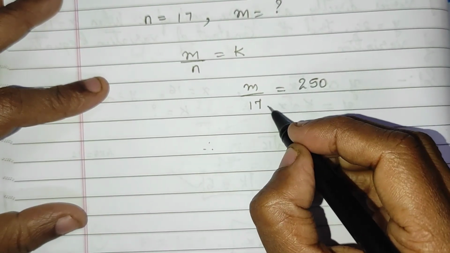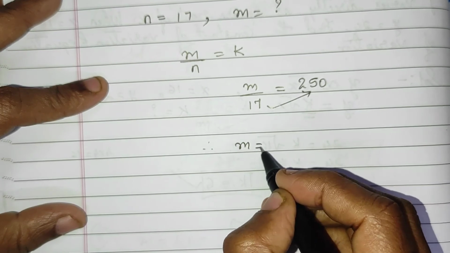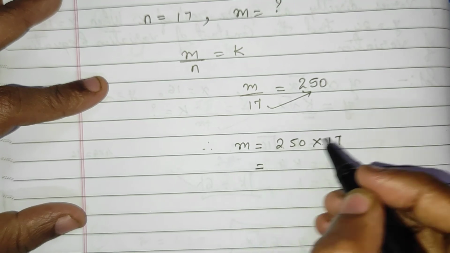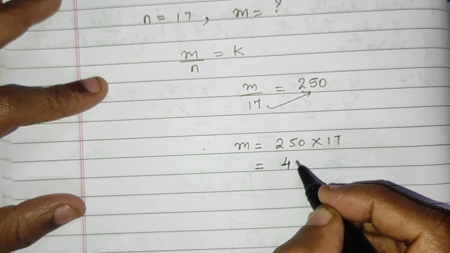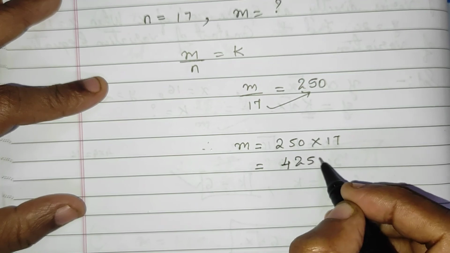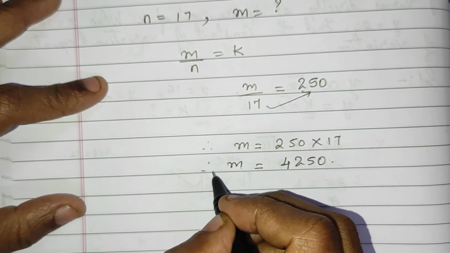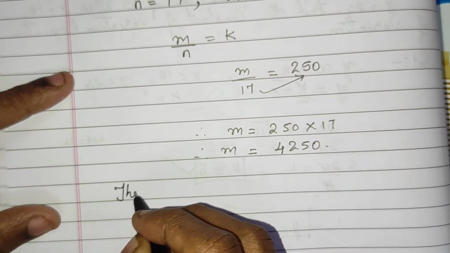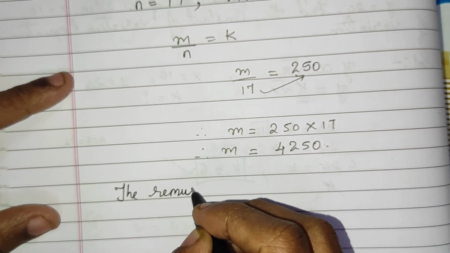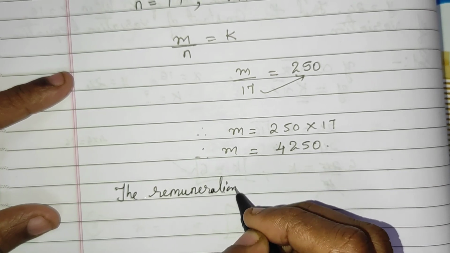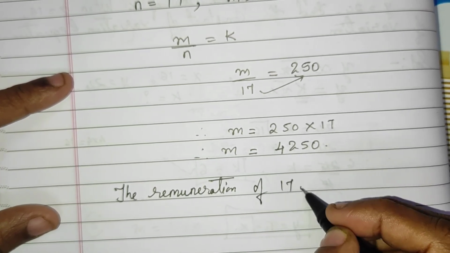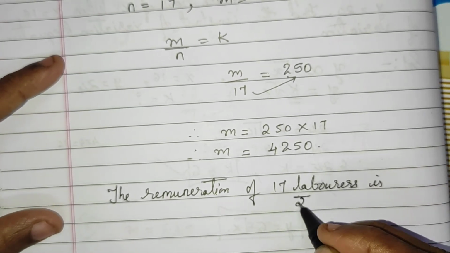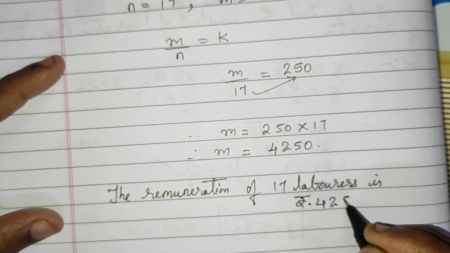So therefore this will go here for multiplication. M is equals to 250 into 17. If you further multiply it, you will get 4250. So therefore according to the question asked, the remuneration of 17 laborers is rupees 4250.